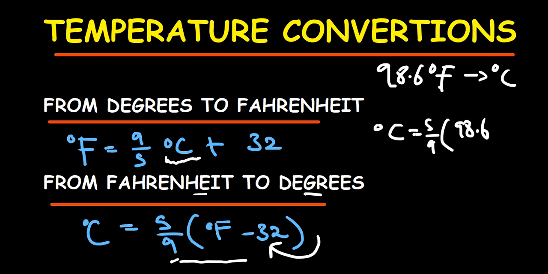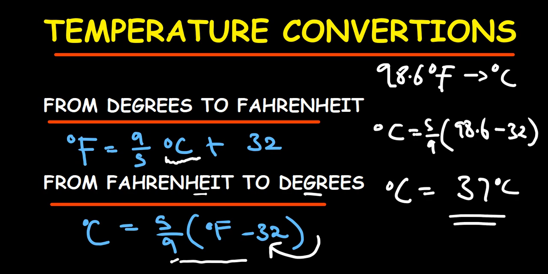So our temperature in degrees Celsius is going to equal, punch that on your calculator, we are going to get 37 degrees Celsius. So 98.6 degrees Fahrenheit is the same as 37 degrees Celsius, which is the normal body temperature, right? That's how we can convert.